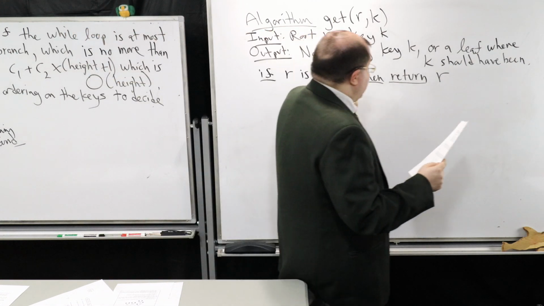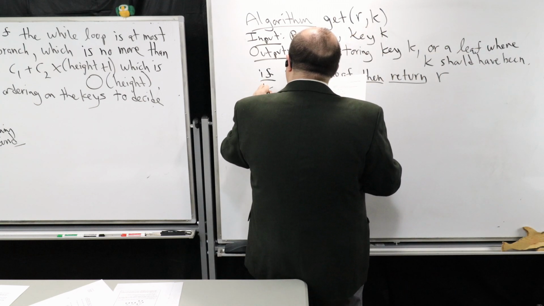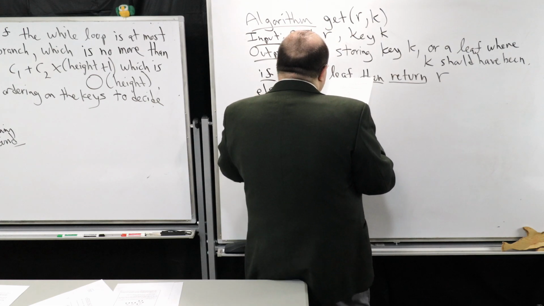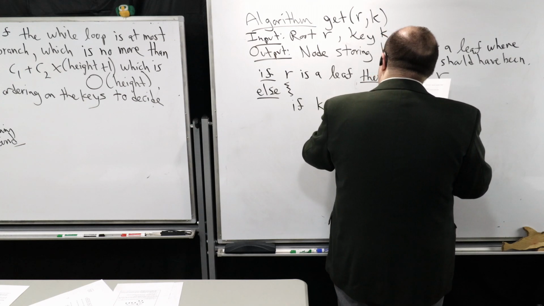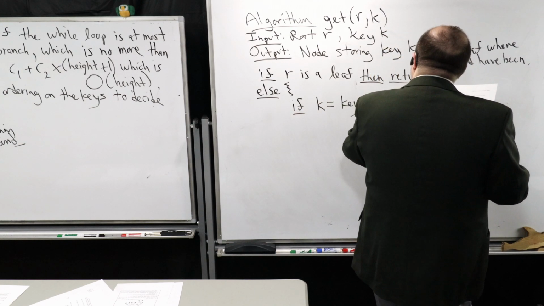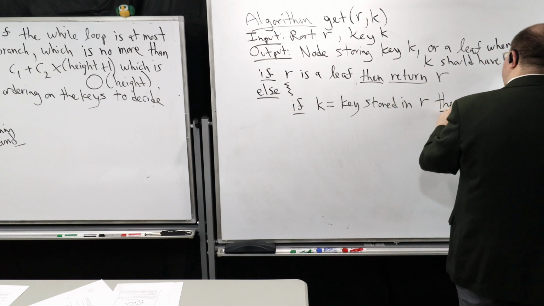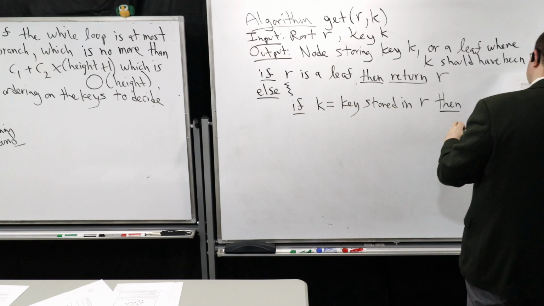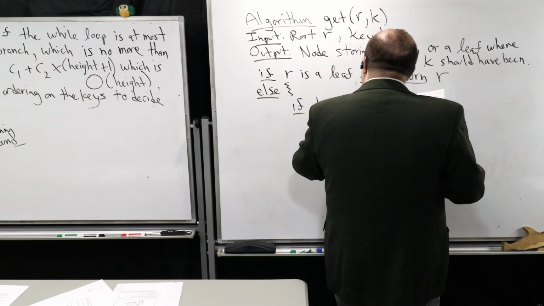And if I'm a leaf, then I know I better return myself, okay? Otherwise, I check if K equals the key stored in R. So I see if the key matches K. If that is the case, I found a match, so I'm going to return this node.